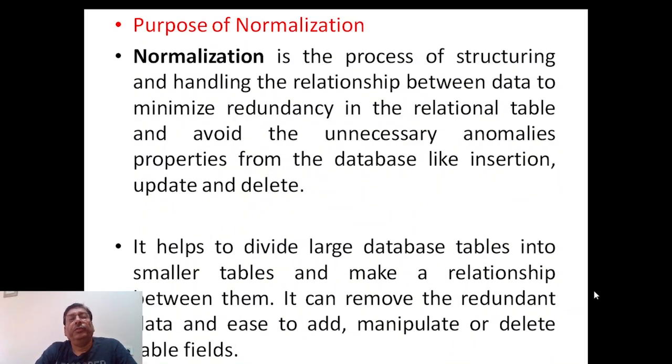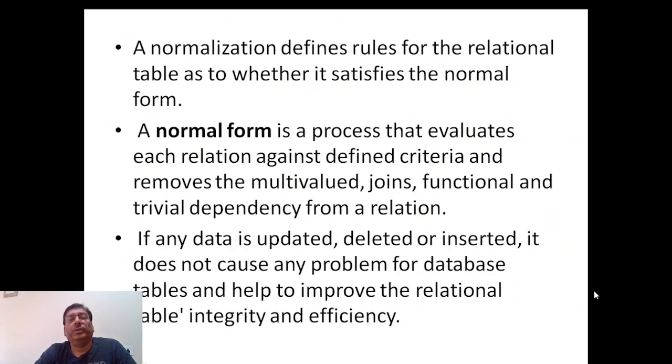The purpose of normalization, as we said, is a process of structuring and handling the relationship between data to minimize redundancy in the relational table. It avoids problems with insertion, deletion and updation. It also helps us to divide a larger table into smaller ones so that we can easily add the data, manipulate the data and so on.